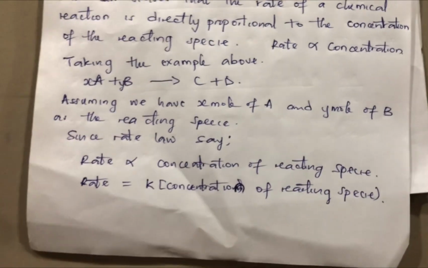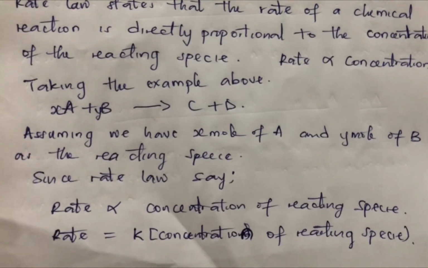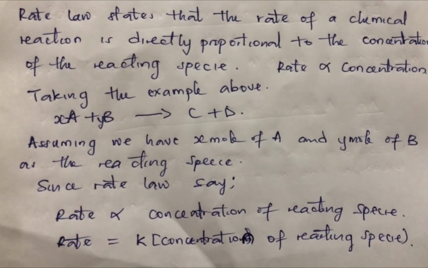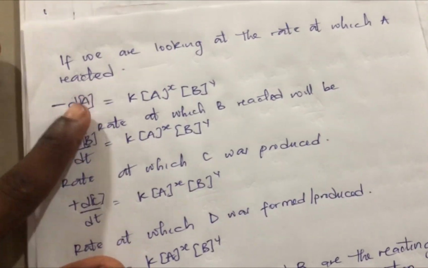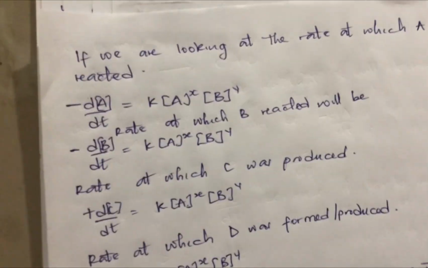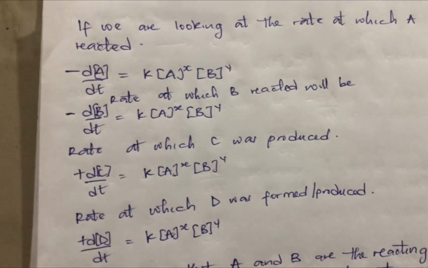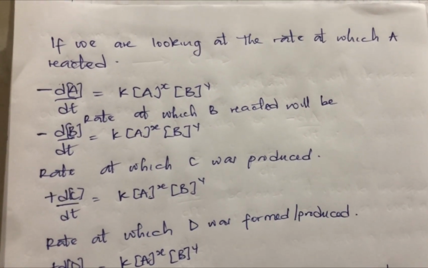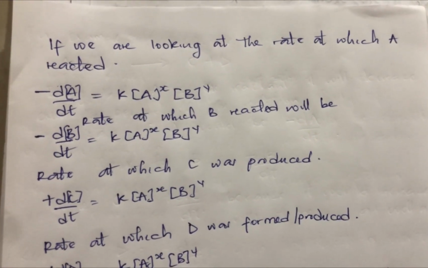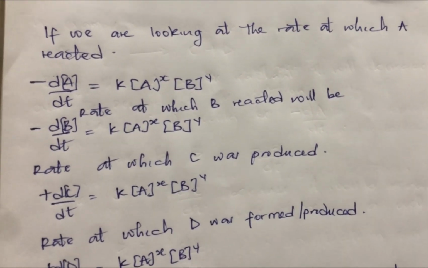Now, if we're looking at the rate at which A reacted in that equation, XA plus YB gives us C plus D. The rate at which A reacted, I can either say the rate at which A reacted or the rate at which A disappeared.